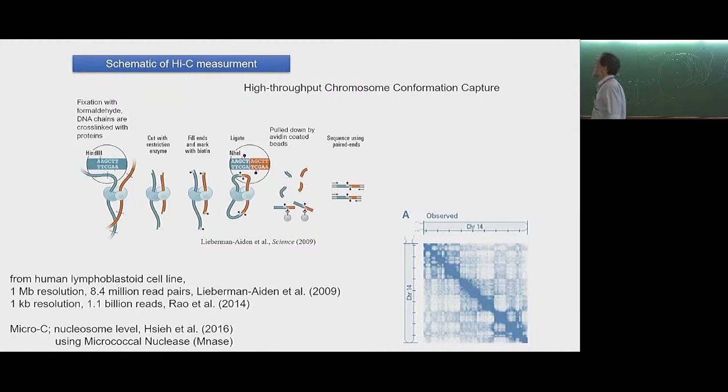But first, around 2017 or 2018, individual chromosomes were computationally modeled. So we should have a whole genome model to resolve that problem. That is our motivation to start this project.